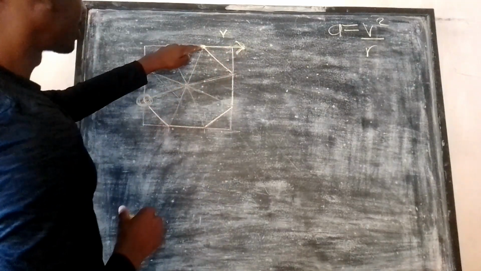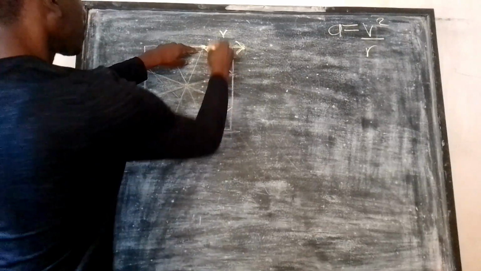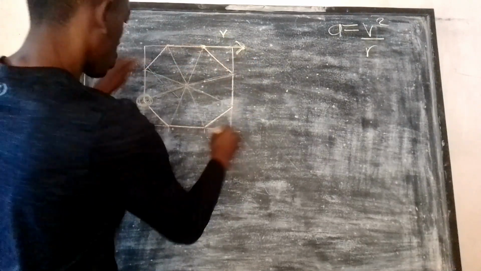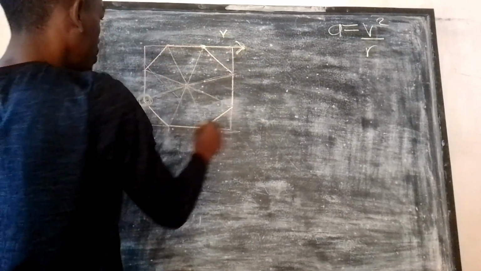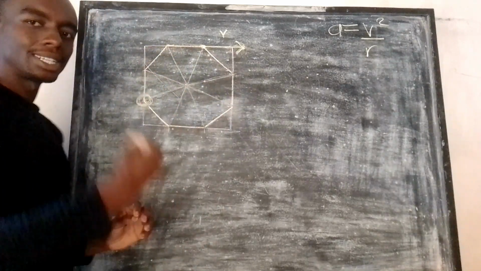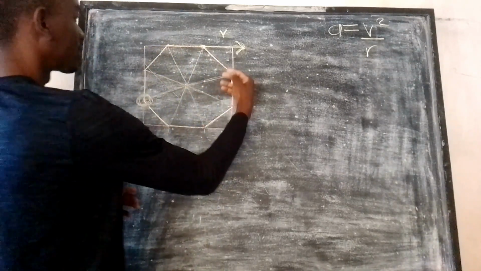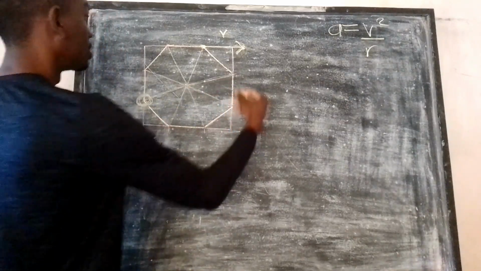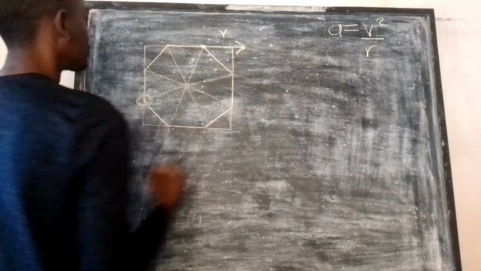When the particle is at this point, remember, the particle going around this path is constantly experiencing a force that a lot of people would say is directed towards the center.